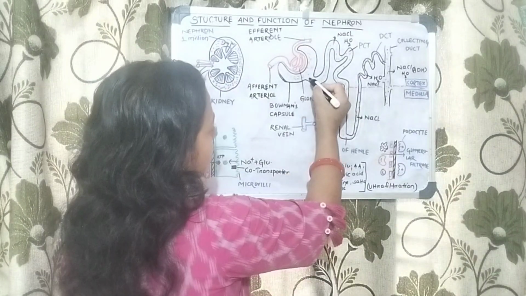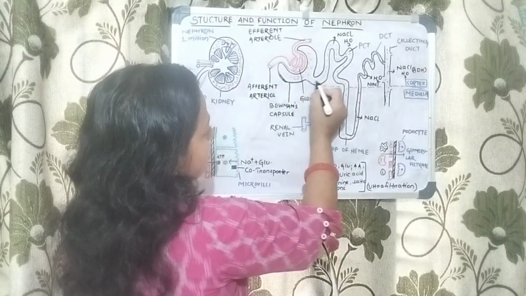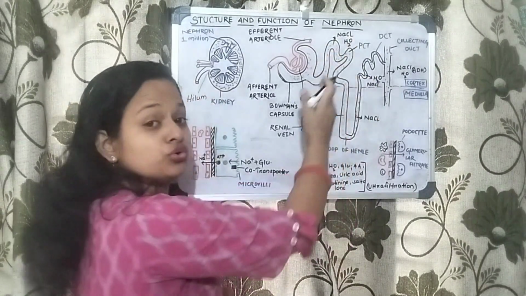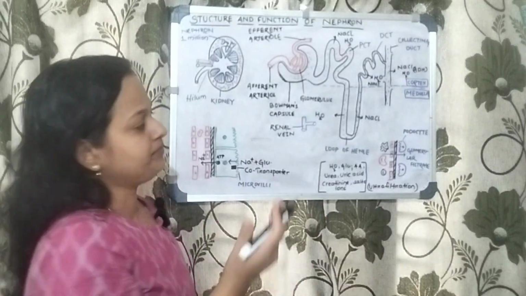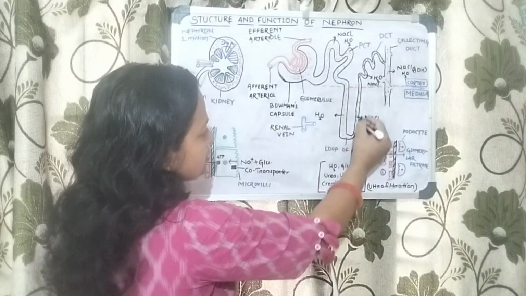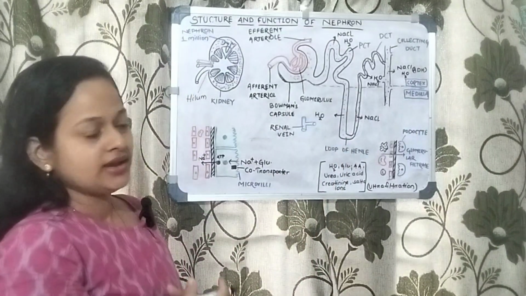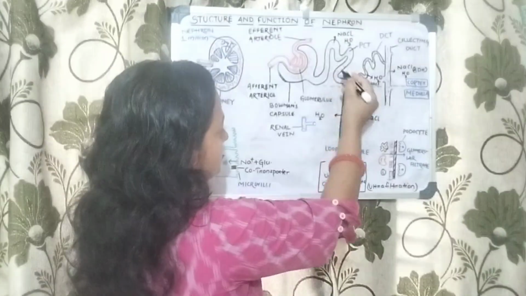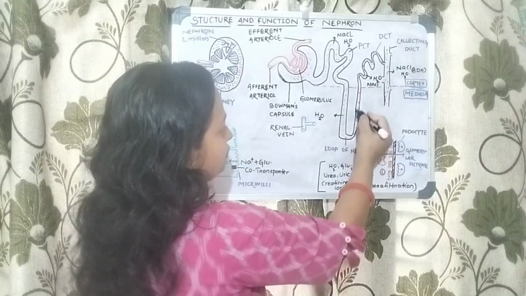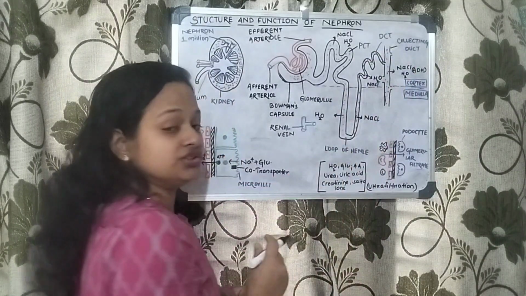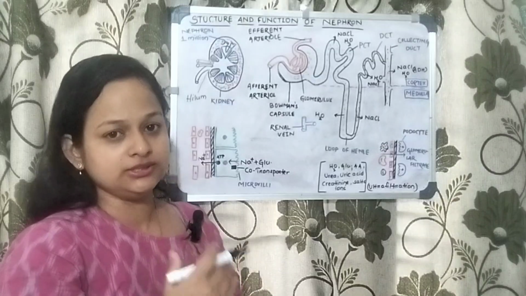From the neck of the Bowman's capsule up to this part is the proximal convoluted tubule, and this U-shaped loop is the loop of Henle, and the loop of Henle continues as the DCT or the distal convoluted tubule.